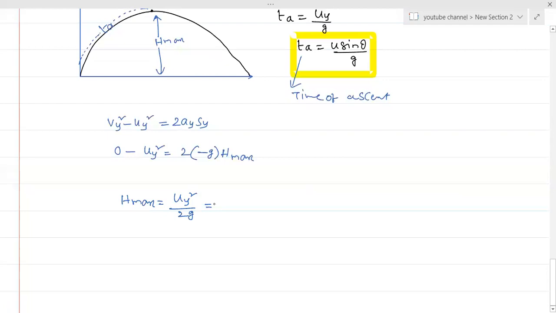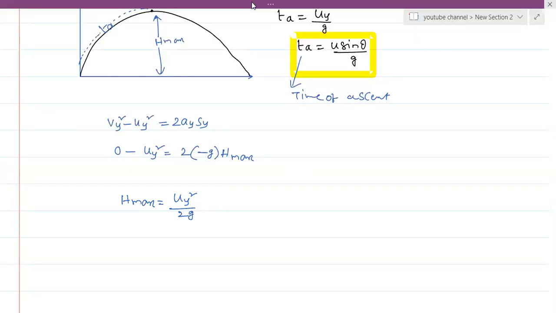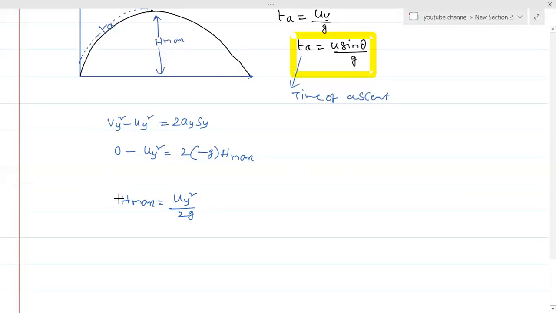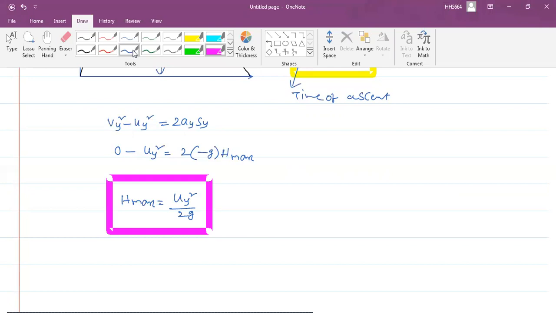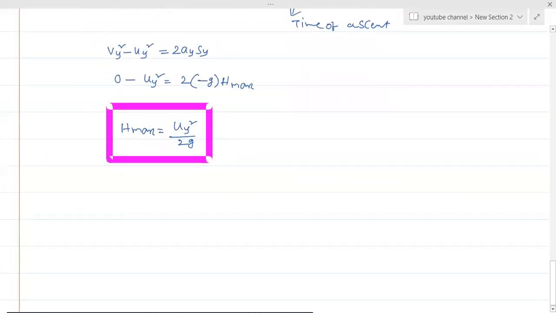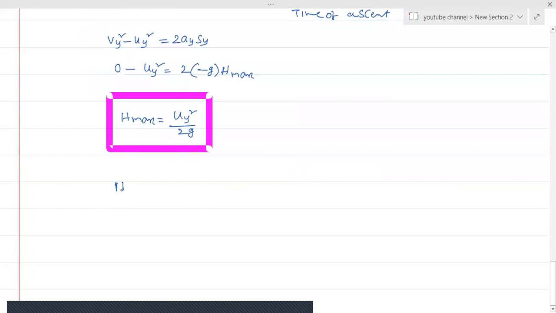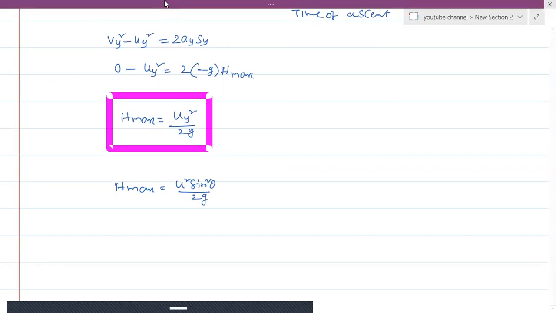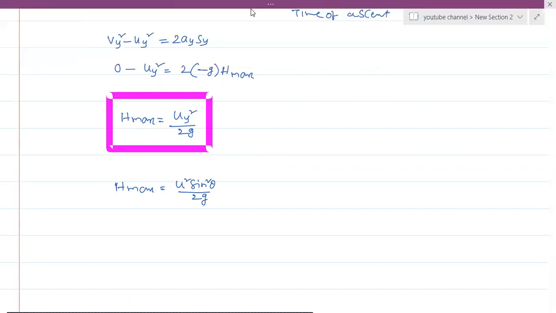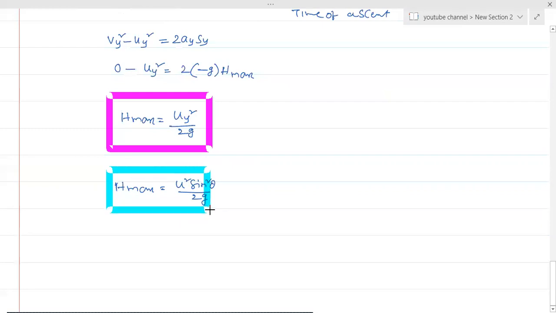This is also one of the important relations here. In terms of u sin theta, we substitute, and H maximum is equivalent to u square sin square theta by 2g. So this is one more important relation for H maximum.